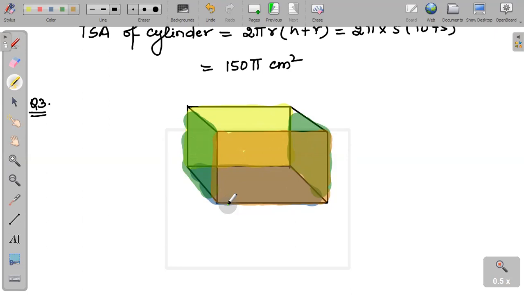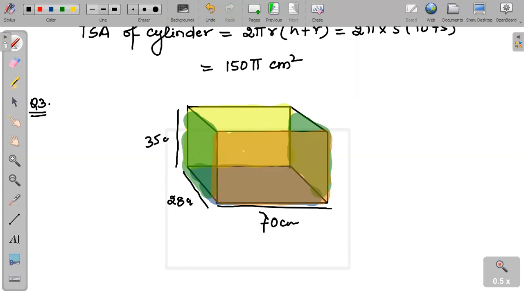Now we have to calculate the amount of paper which is required. Dimensions are 70 length. ठीक है. Then there is 28 which is width. And then there is 35 which is height.